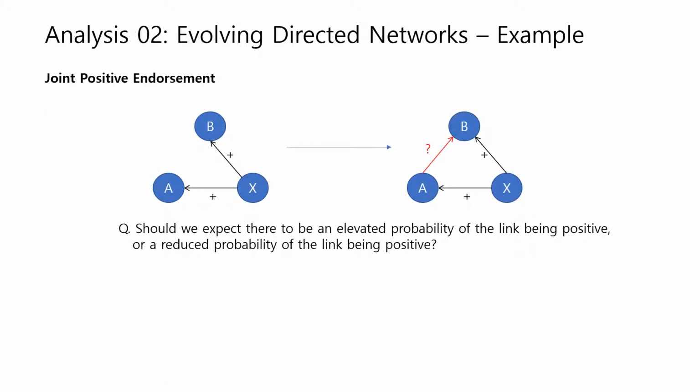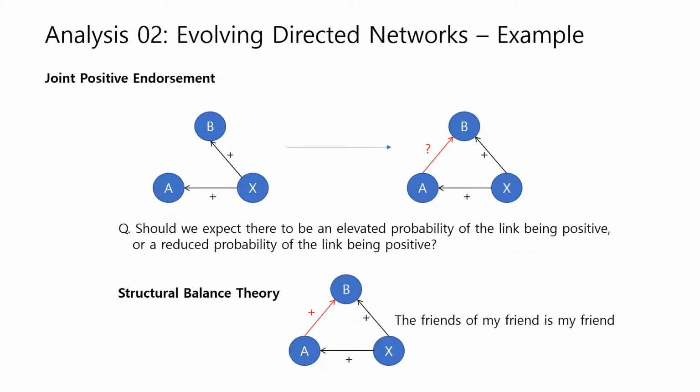They first introduce a concrete example called joint positive endorsement. There can be situations where both A and B already have interactions with third node X. Suppose node X assigns positive edges to both A and B. Given this observation, how should we predict the sign of the edge from A to B?